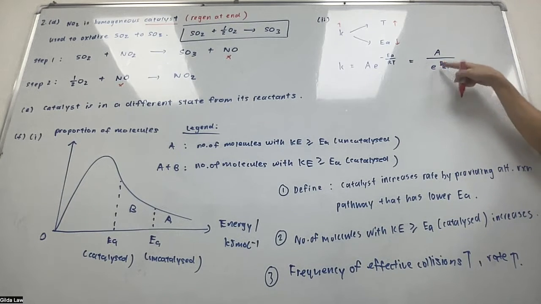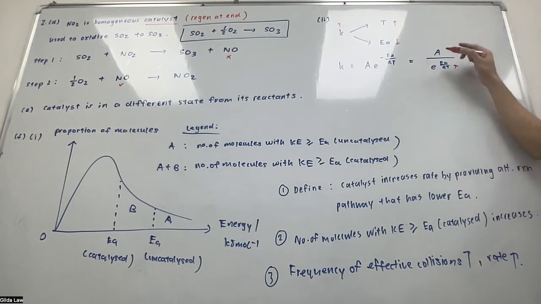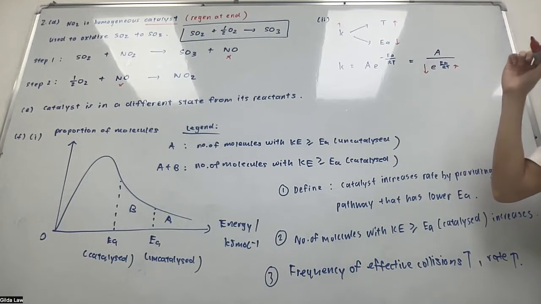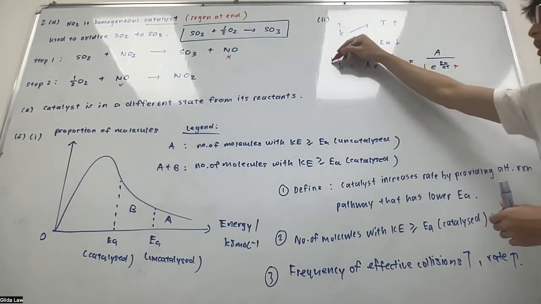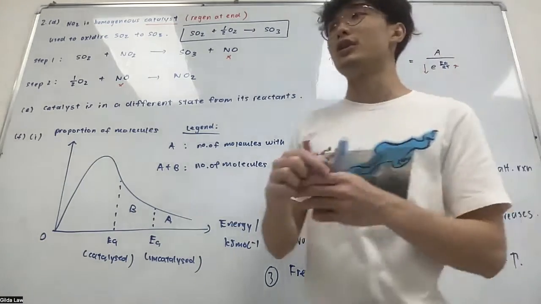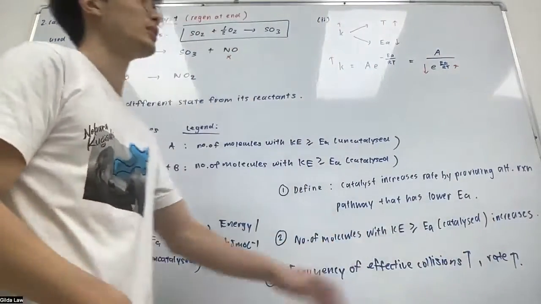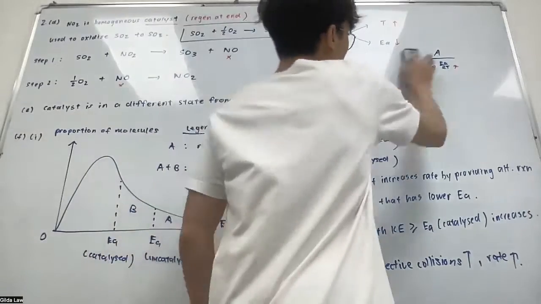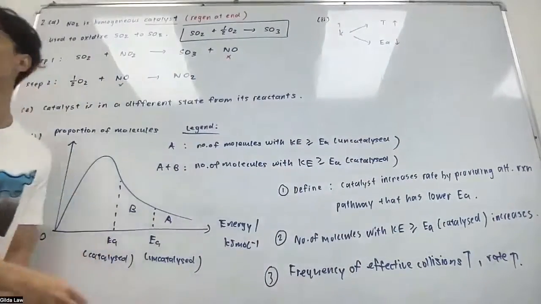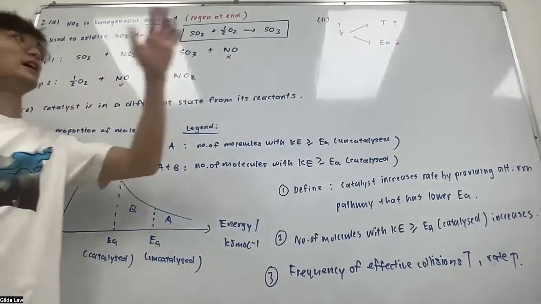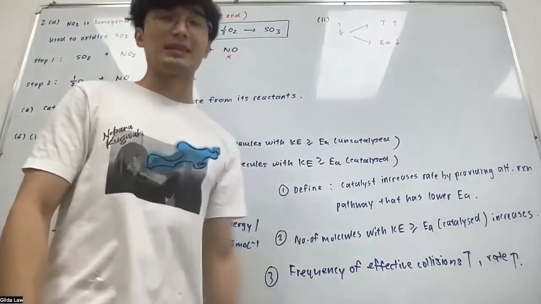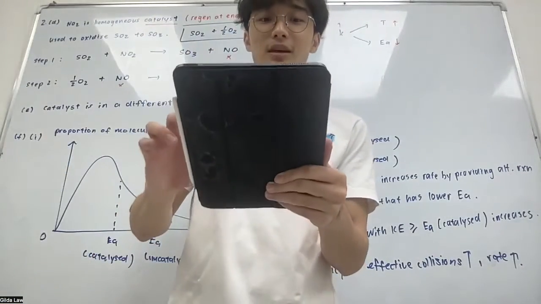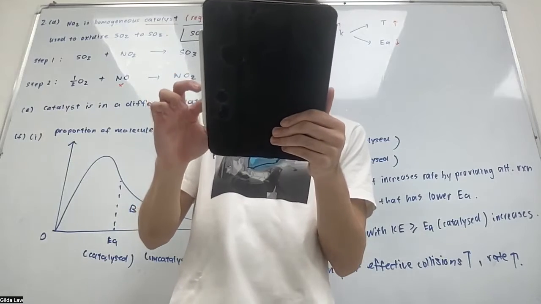So e to the power of something smaller gives you a smaller value, which means K will be higher. But you don't need to know this equation. This is the rate constant equation that is not tested, so you can scrap this. Just know from now on that faster means K is higher, and lower activation energy means K is higher.